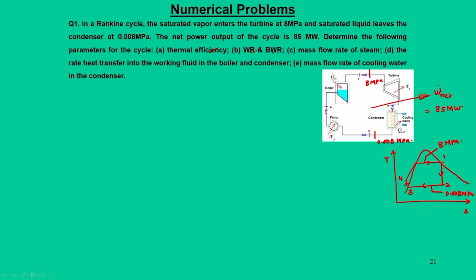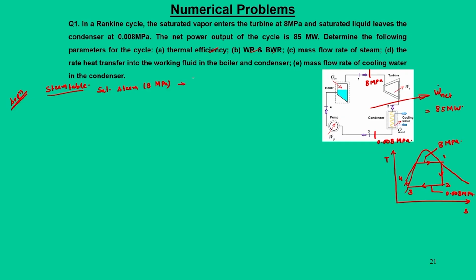From the data given, what we first need is to use the steam table and find the points in this TS diagram, or define the state points. We say saturated steam at 8 megapascal, so you can refer to the saturated steam table based on pressure.